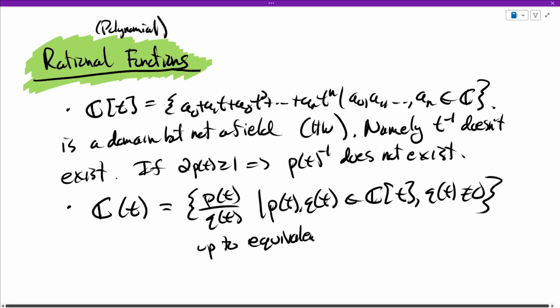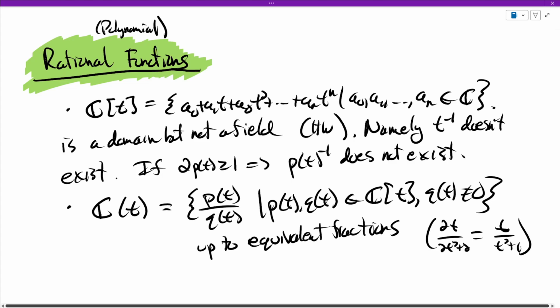And what's the equivalence? Well, equivalent fractions. So for example, 2t over 2t squared plus 2 should be the same as t over t squared plus 1, right? Those are equivalent fractions.